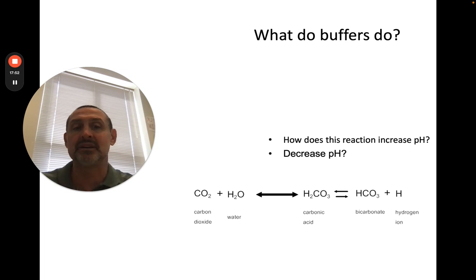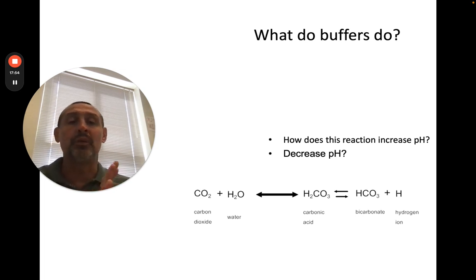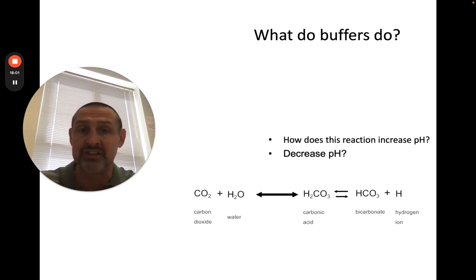So in the case where we have a low pH, bicarbonate will join with that leftover hydrogen to make carbon dioxide and water. Whenever our pH is too high, the carbon dioxide and water can make carbonic acid and lower our pH. So that's the beginning of this chapter.